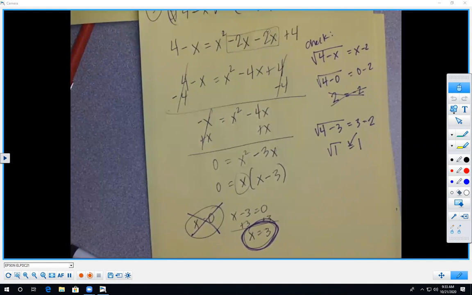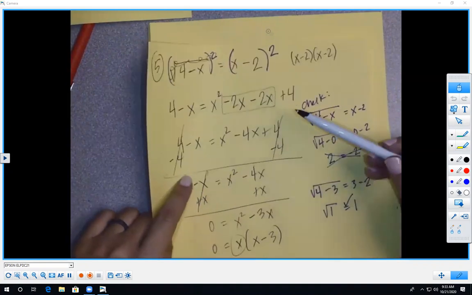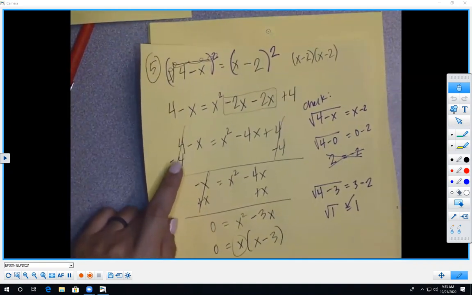Questions about that? Okay, so that one was a little bit harder because I had an x on the other side. I ended up with a quadratic, so I had to solve it using either quadratic formula or factoring.